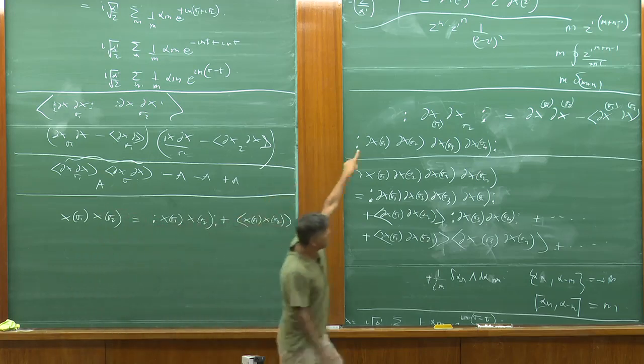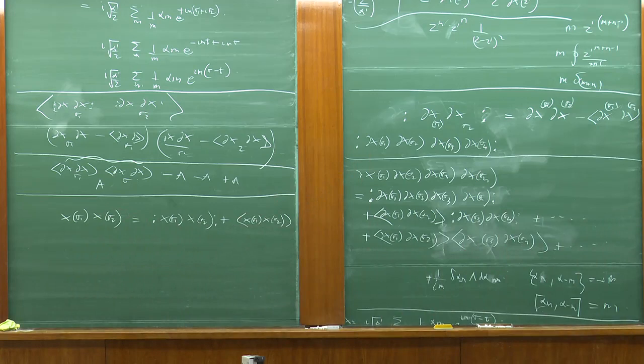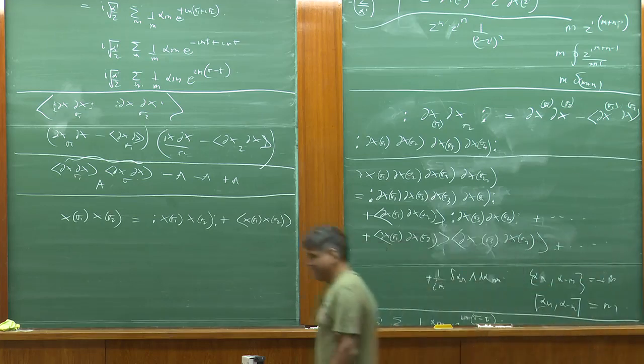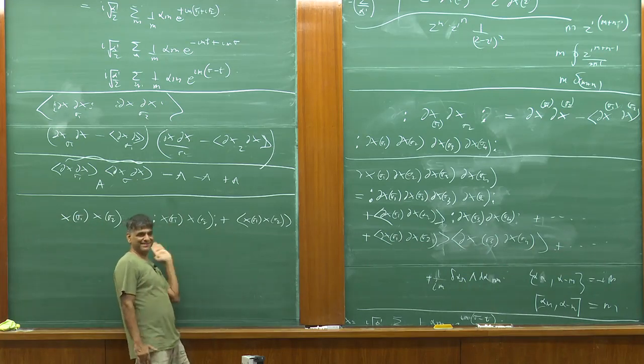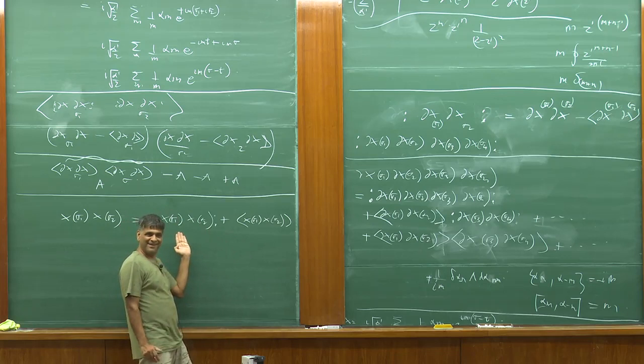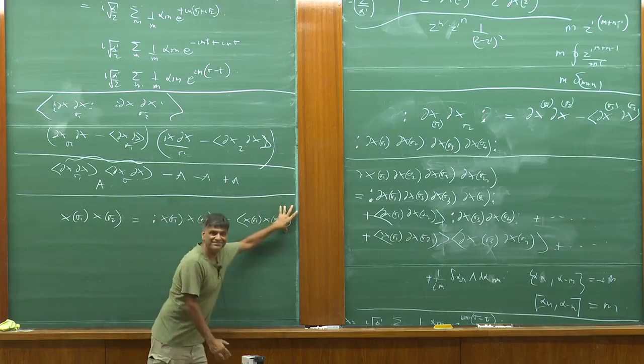And this justifies the statement I made above, that the only singularity in the 2-point function when x of sigma 1 approaches x of sigma 2 is given in the expectation value of the 2-point function. Because this is the OPE expansion for x of sigma 1 and x of sigma 2. What remains is to take this guy and Taylor expand it. We can Taylor expand it completely naively because it's completely non-singular. The only singularity is here.